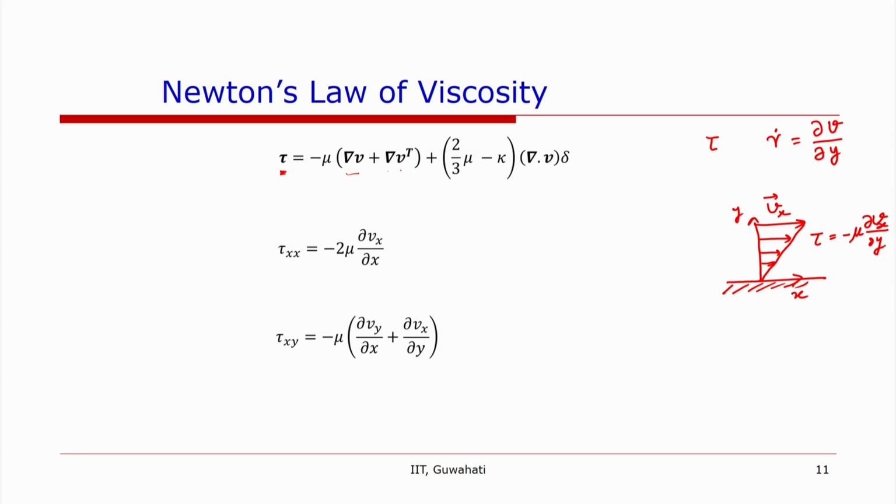Now, mu is the dynamic viscosity of the fluid and kappa is called dilatational viscosity, which is often 0 for monoatomic gases.